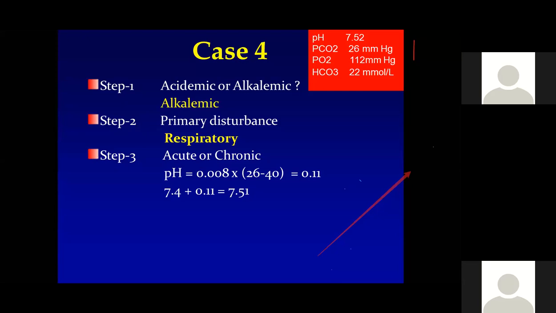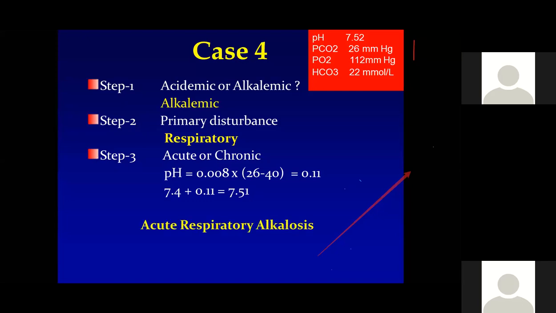So 7.4 plus 0.11 is equal to 7.51. That means that the given pH and the calculated pH are almost matching. That means that this patient has acute respiratory alkalosis.